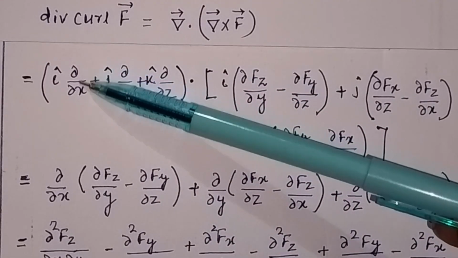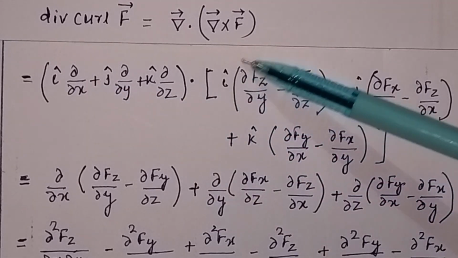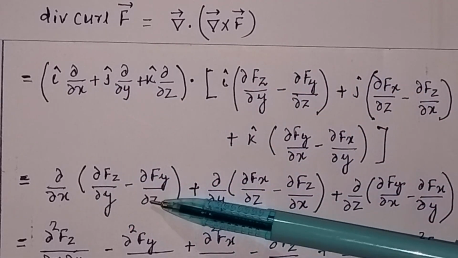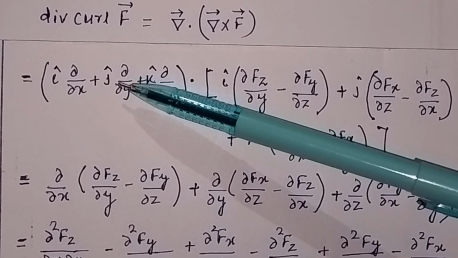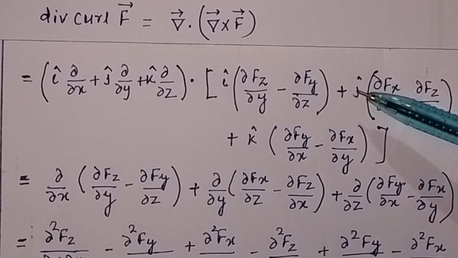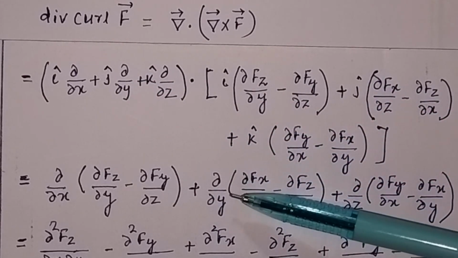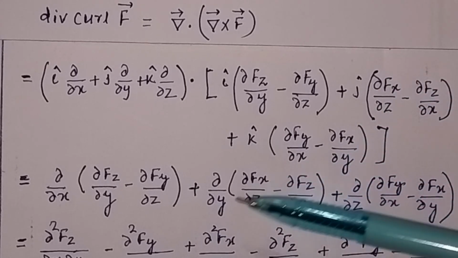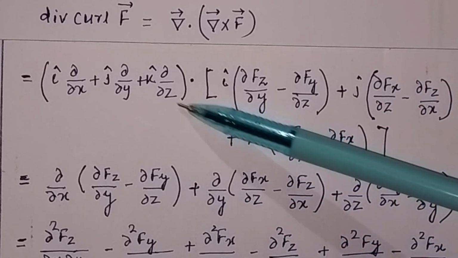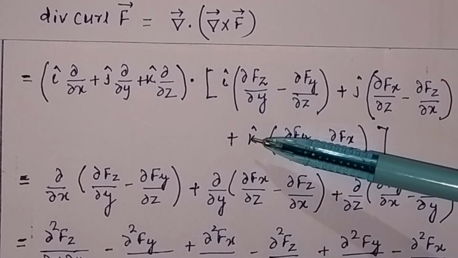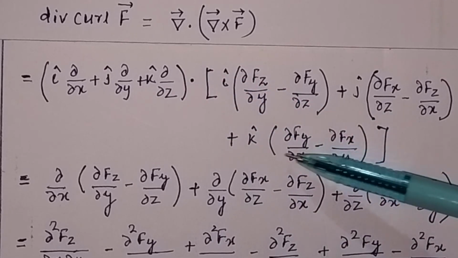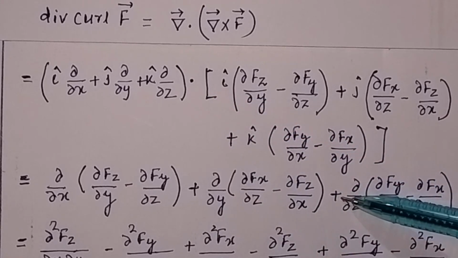So you take the partial derivative of the i cap component with respect to x. For j cap component, you have j cap dot j cap equal to 1, so the partial derivative of this function with respect to y. Plus k cap dot k cap is equal to 1, so the partial derivative of this function with respect to z.